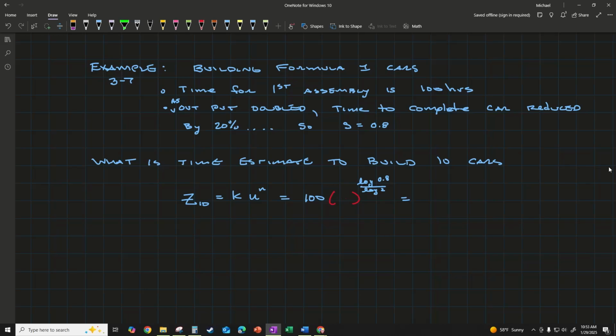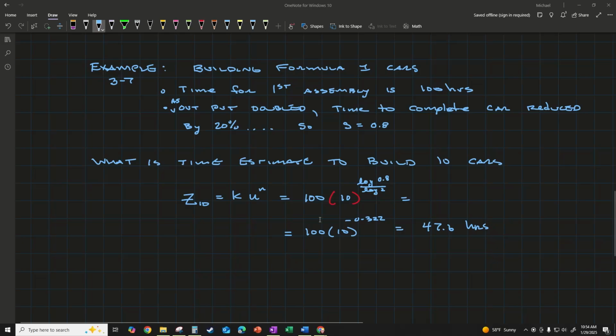The number that we want to produce here is 10. So doing this calculation should give us 100 times 10 raised to the power of minus 0.322, and this equals 47.6 hours.